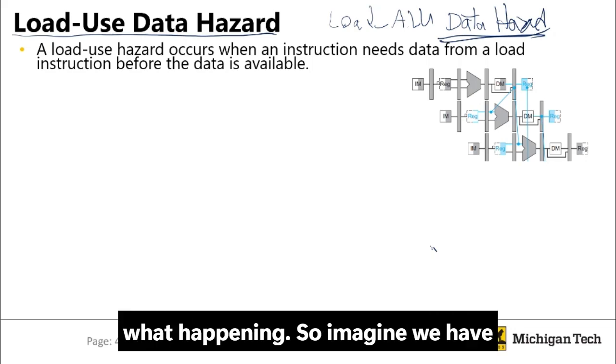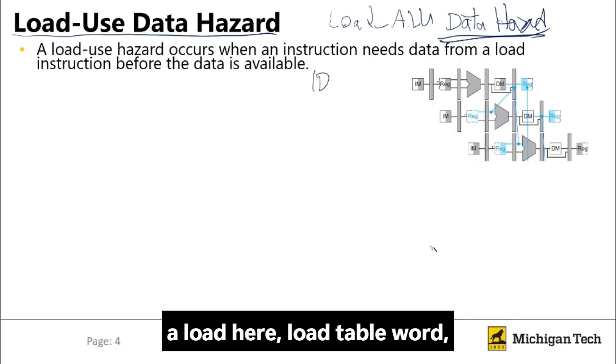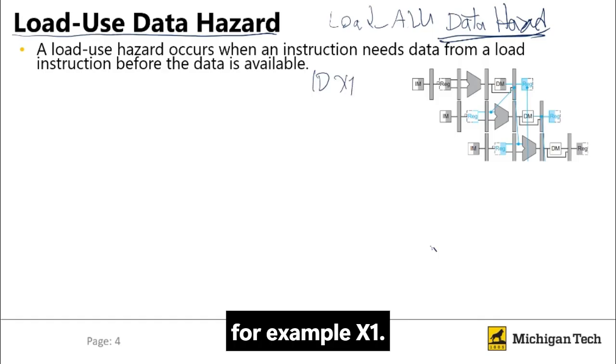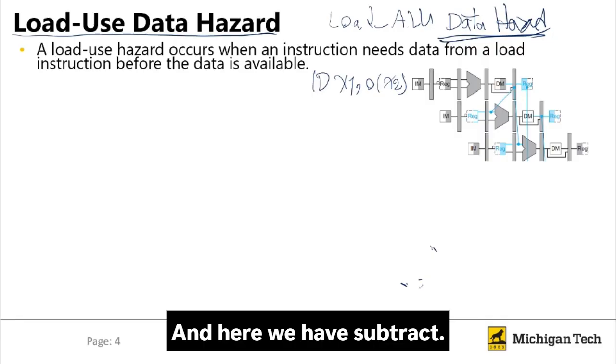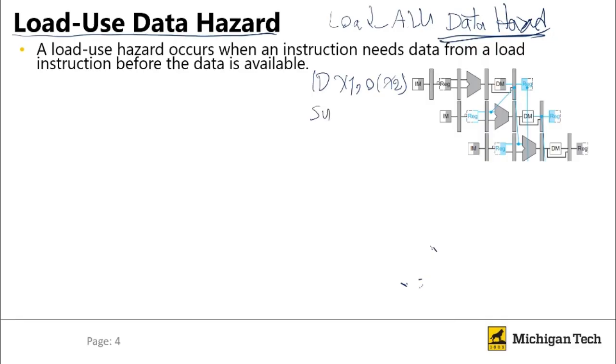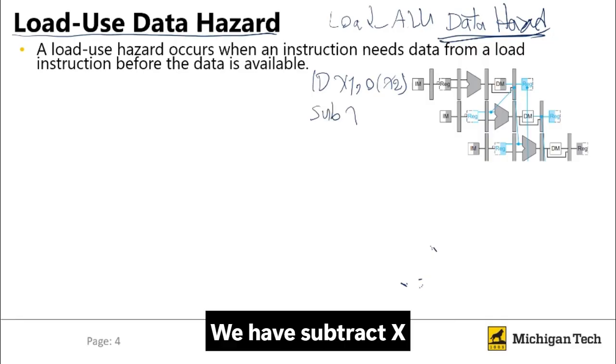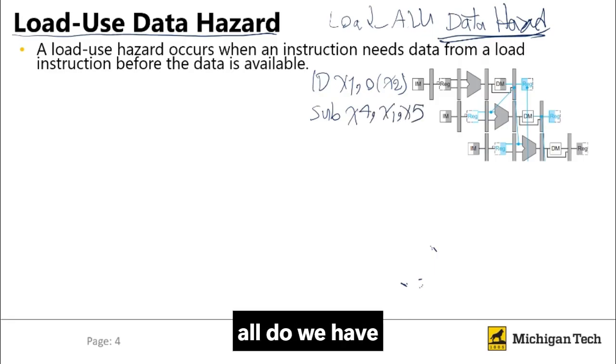So in this case, let's see what's happening. Imagine we have a load double word here, for example x1, with x2 as the address. And here we have subtract x4, x1, x5. First of all, do we have a dependency?